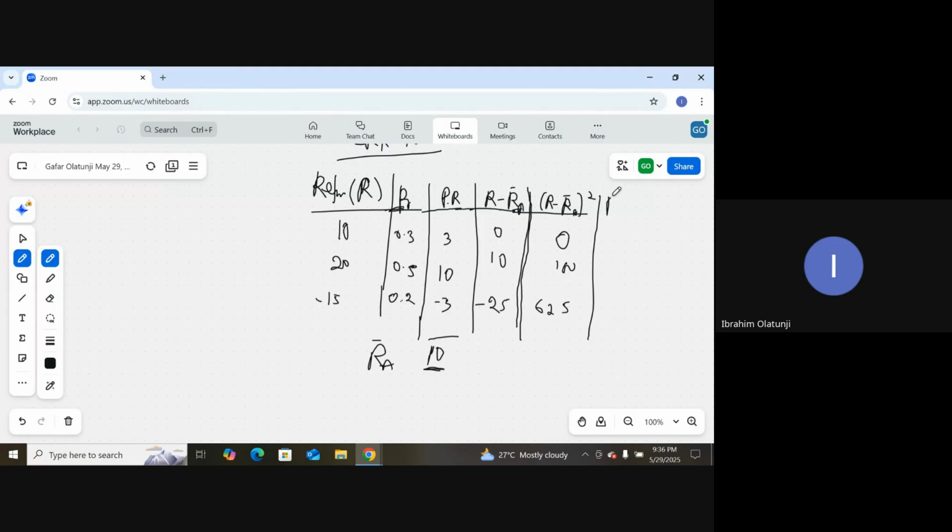So this one is R minus R bar. So, what do you have? 0.